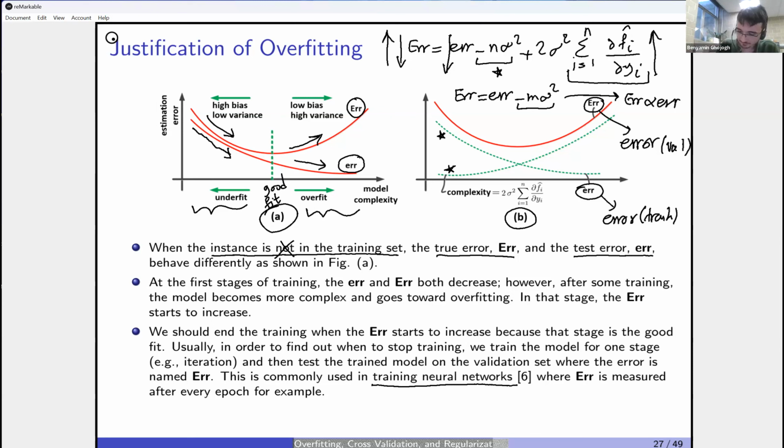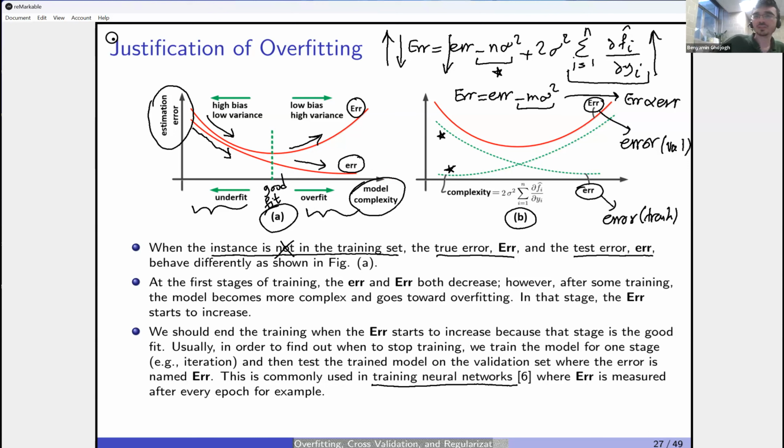that's one thing. By the way, this axis was error, right? This axis you can see as either complexity, because complexity is going up in this direction, or as the iterations of the training. Why? Because the more iterations you train, the more complex the model becomes.